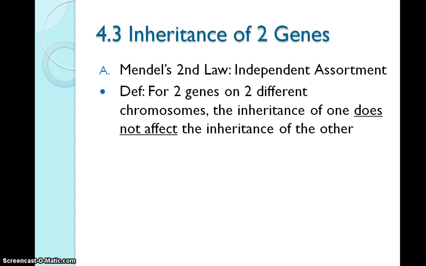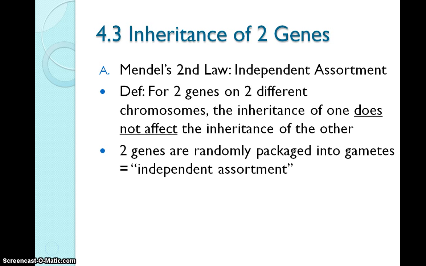One does not affect the other. This is because the two genes are randomly split up and randomly packaged into the different gametes during meiosis. This is the process of independent assortment, and this happens during meiosis of gamete formation.